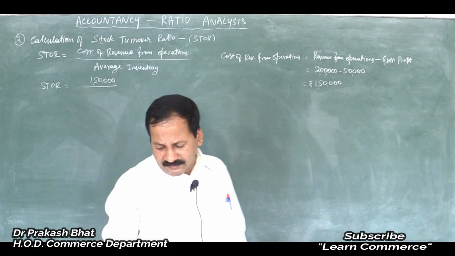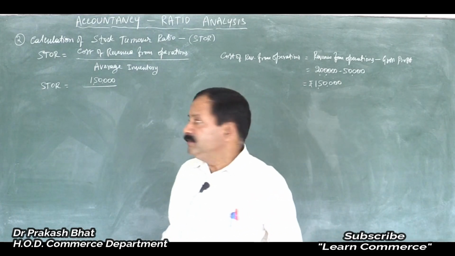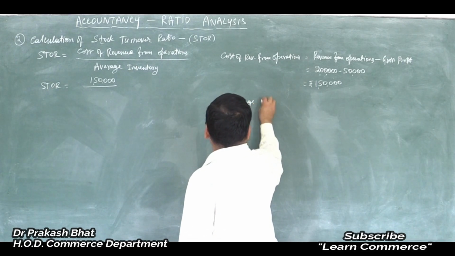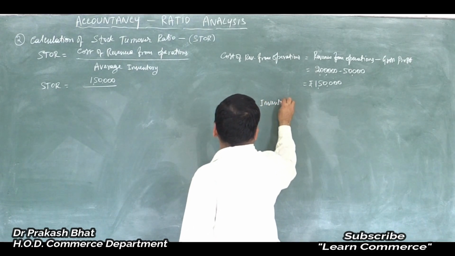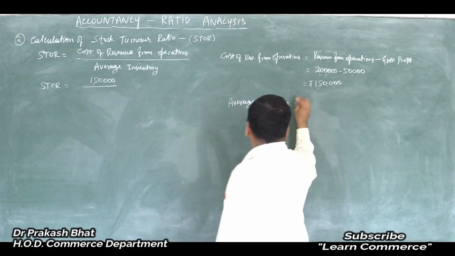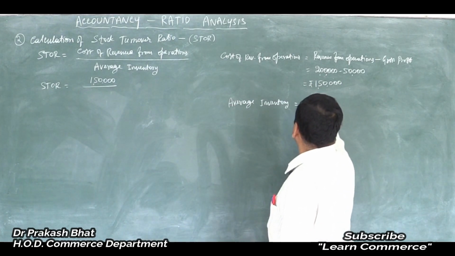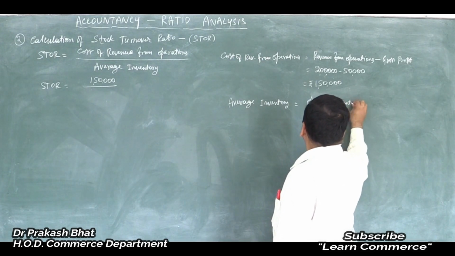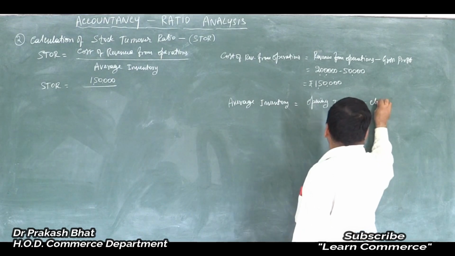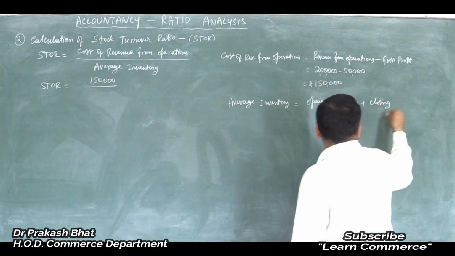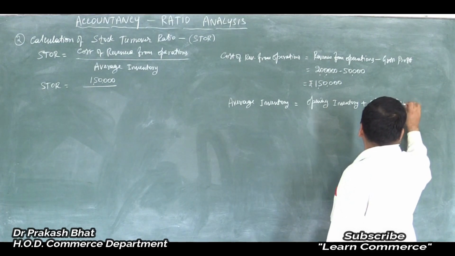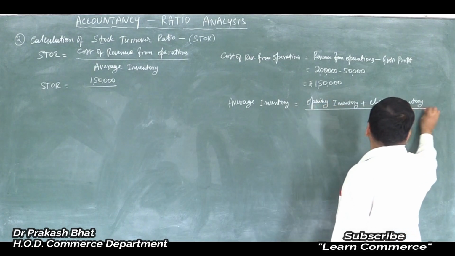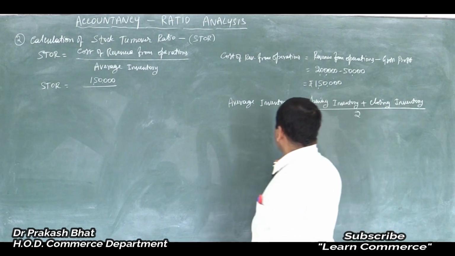Opening and closing inventories are given here, so let us calculate. Average inventory is equal to opening inventory plus closing inventory divided by 2.